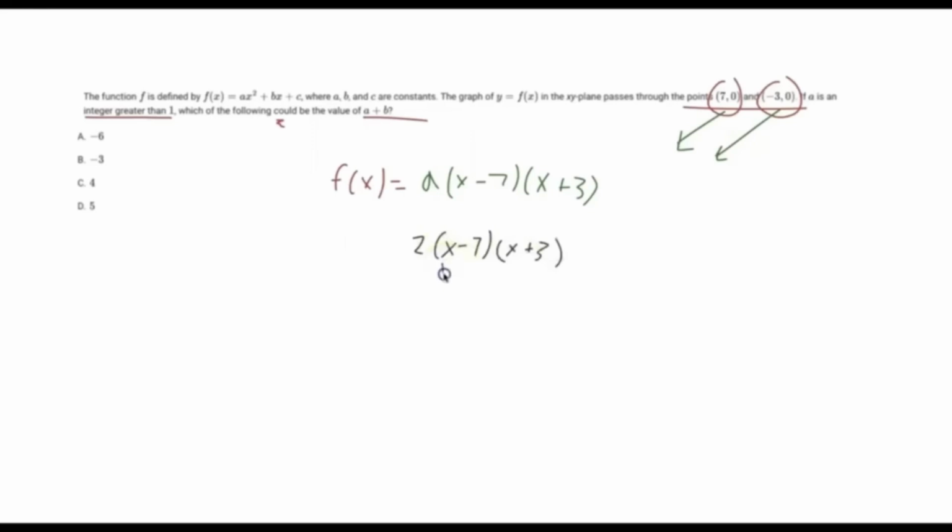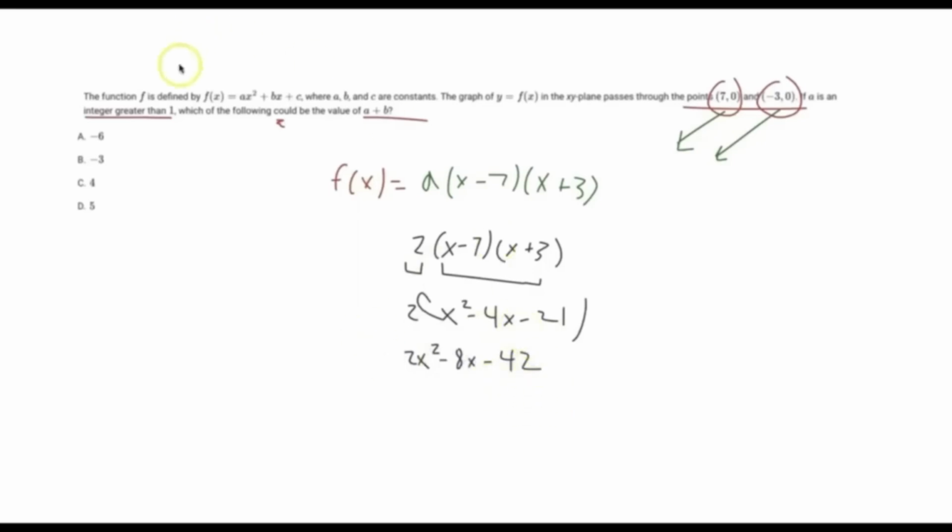So let's just do this part first. So we have x squared, and then we'll get -4x, and then minus 21. So then we have to apply the 2 right here to the outside. So then we have to multiply this entire thing by 2. So then we get 2x squared minus 8x minus 42.